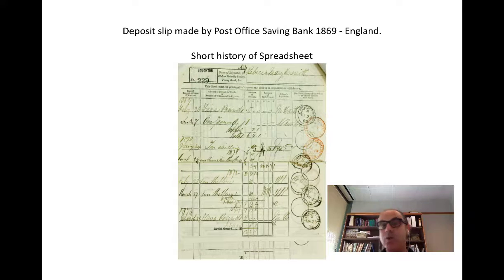A little bit of history. In 1869, in England, at the post office serving bank, when you came to the bank, they used to have a paper that you had to sign your name on. There was a clerk who asked you to sign and recorded how much money you entered the bank with.